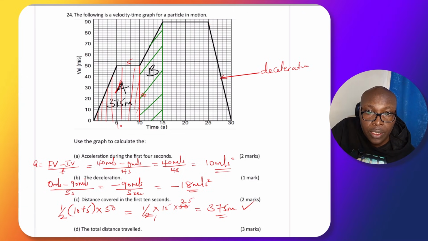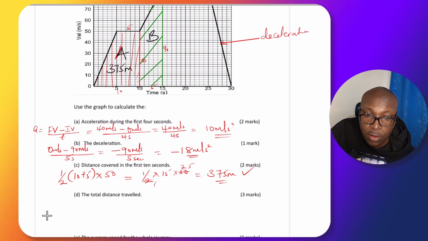For B, this is a trapezium. This distance from 10 to 15 is 5, and the parallel sides are 50 and 90. So the area of B is a half times 50 plus 90, multiplied by 5.